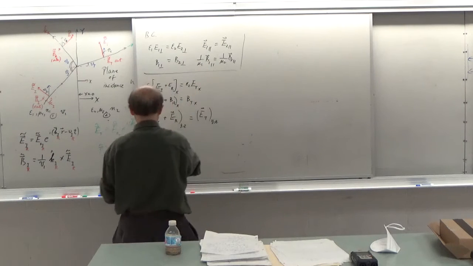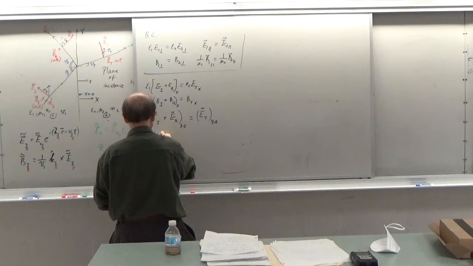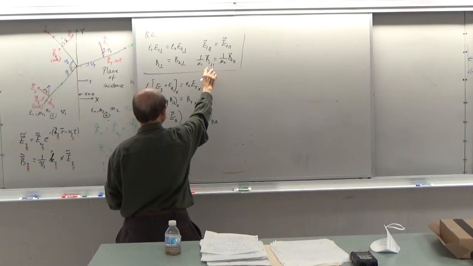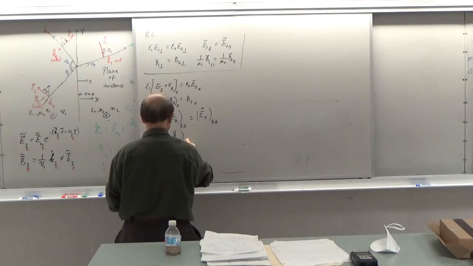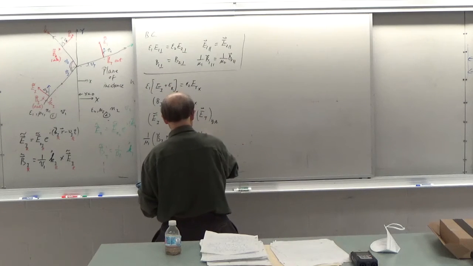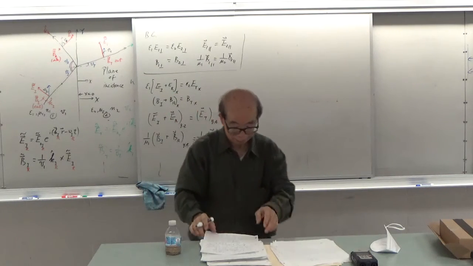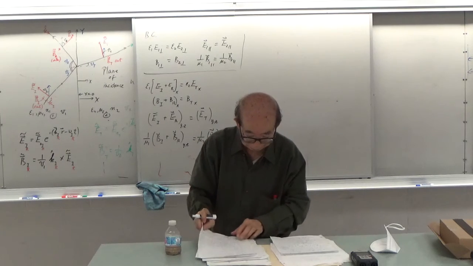And finally, we have this one: 1 over mu 1 times B_I plus B reflected, the y z components, is equal to 1 over mu 2 times B_T, the y and z components.